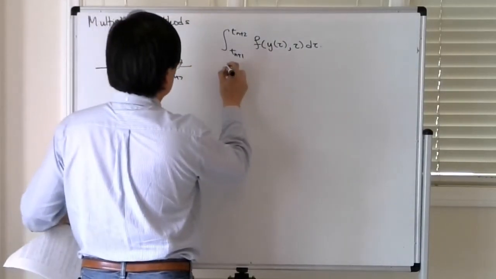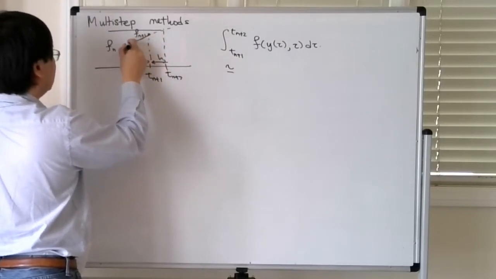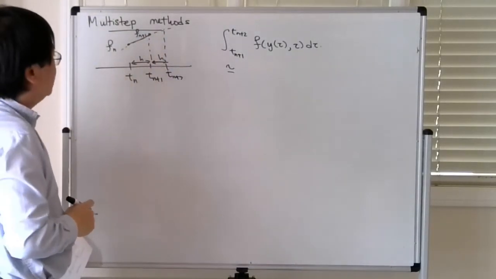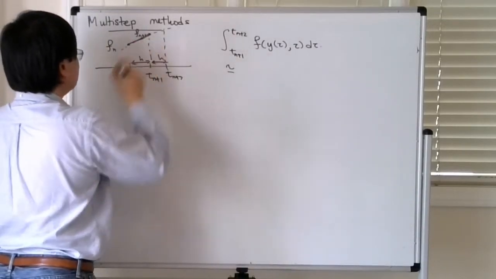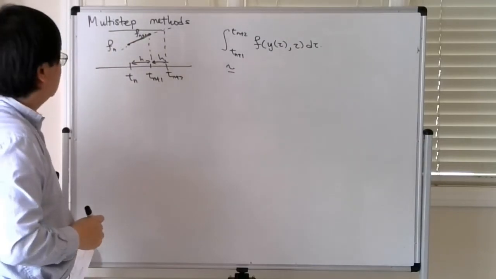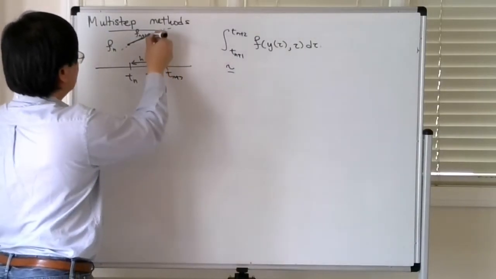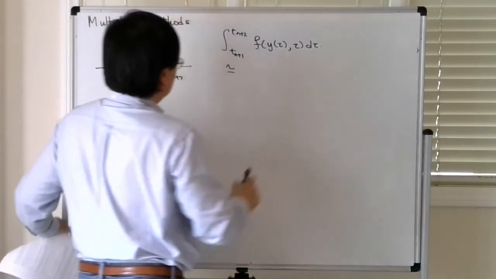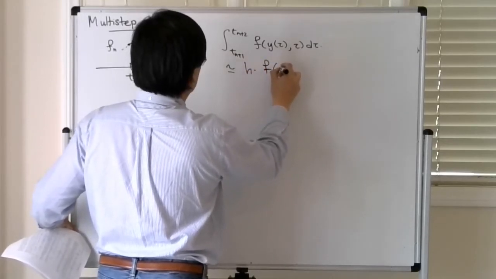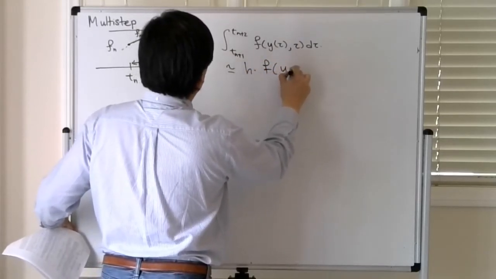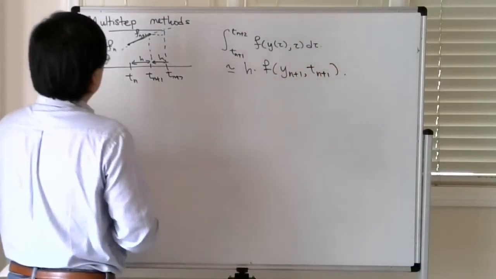So this is approximated by some polynomial approximation of the integrand. You have 2 points now, so you can get a linear interpolant, and it's easy to convince yourself that the integral of that linear interpolant is given by the following.